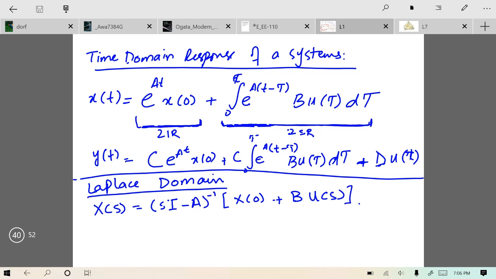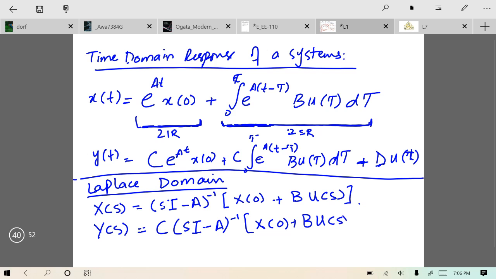Similarly, we can write y of s as c into (si minus a) inverse x of 0 plus b u of s plus d u of s.